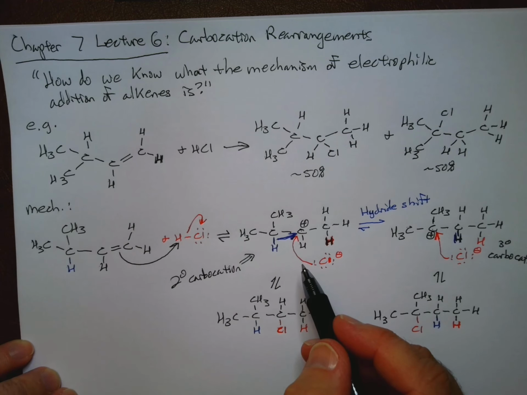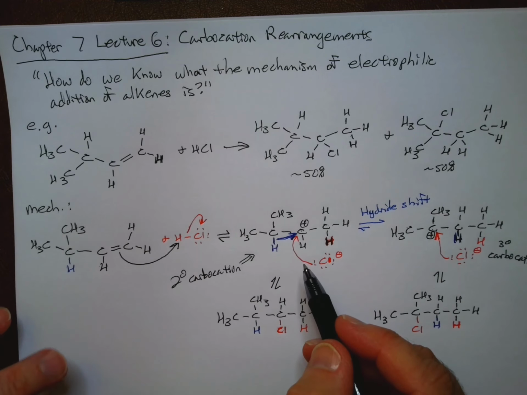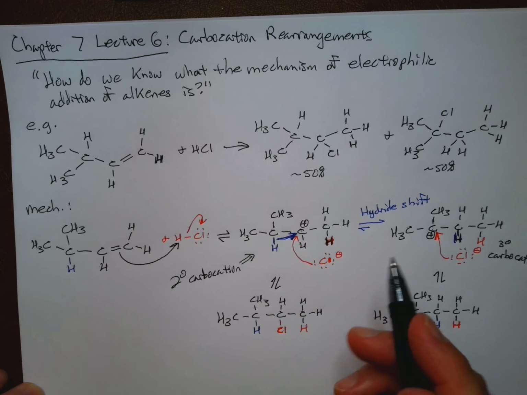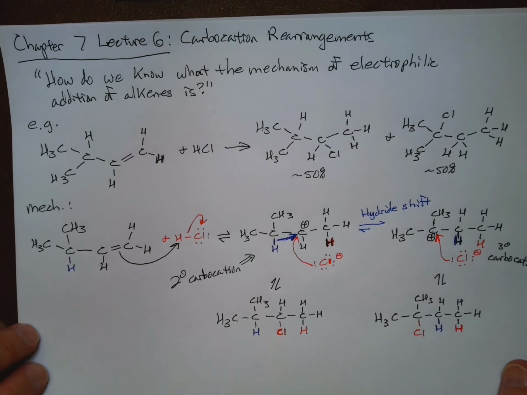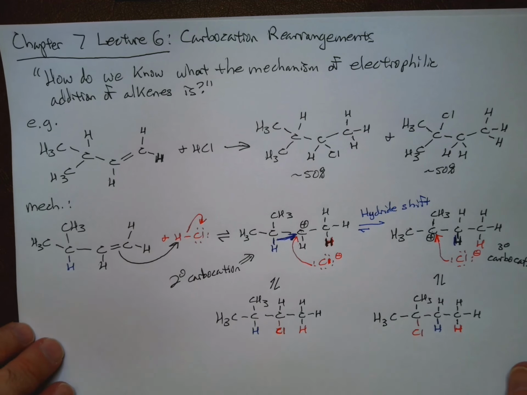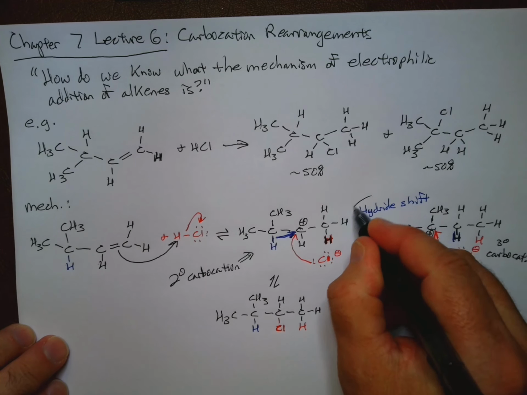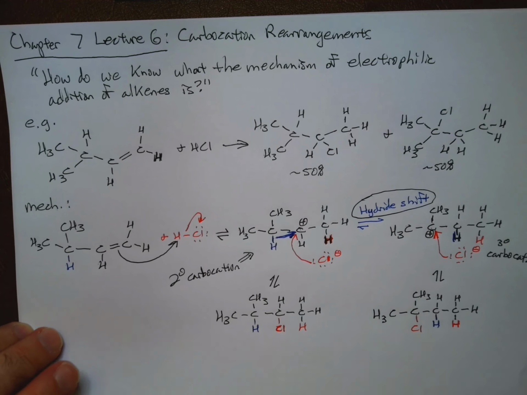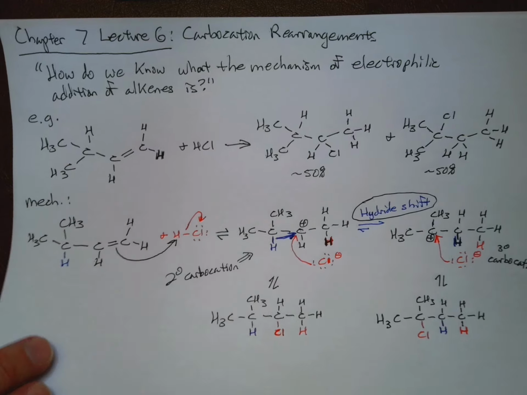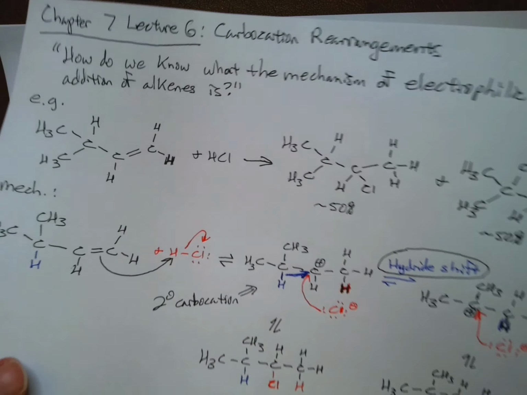Now we can also see some different types of shifts, different types of rearrangements. So this one is the hydride shift. Let me just circle that here, hydride shift. We can also get a methyl shift.